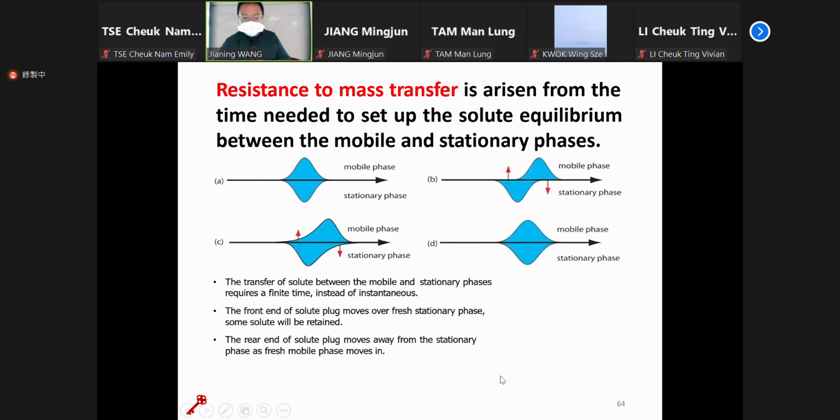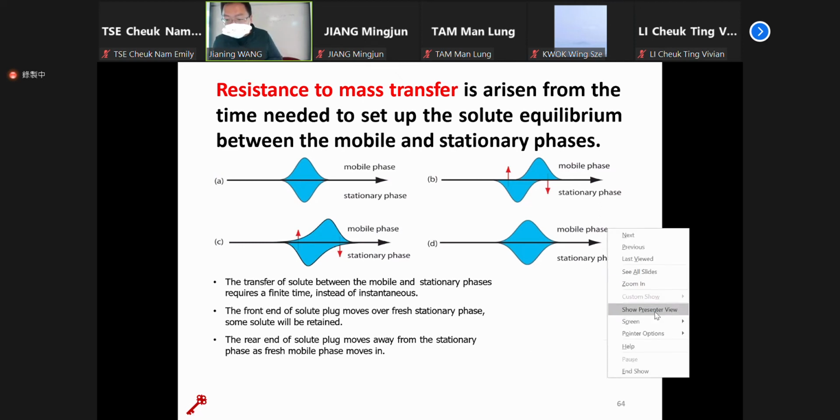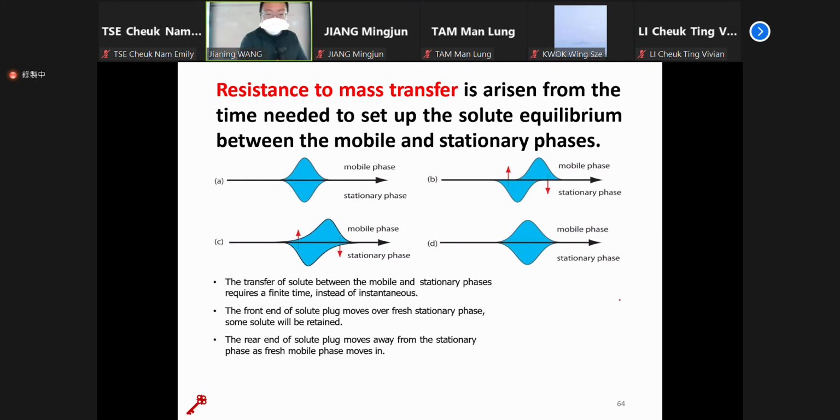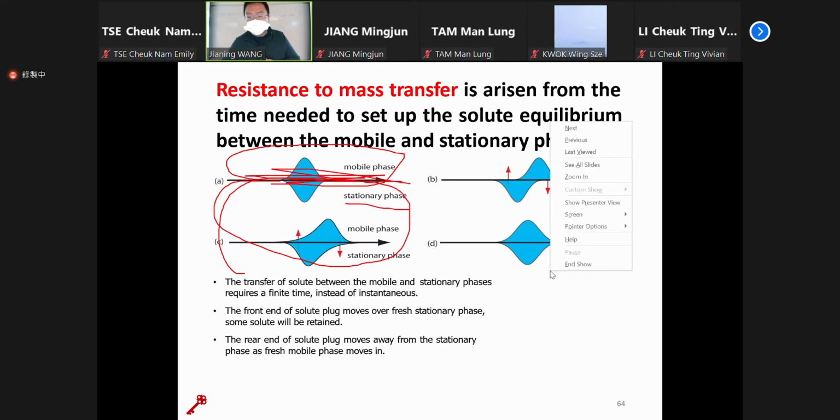Okay, now on this slide, I try to write on the slide. So we consider this is a particle. This is the mobile phase region. This is the interface, okay?